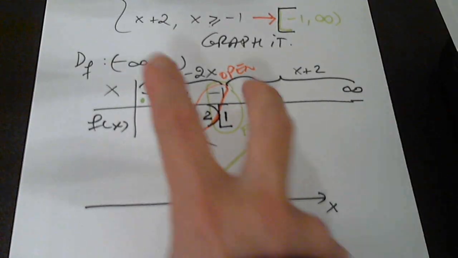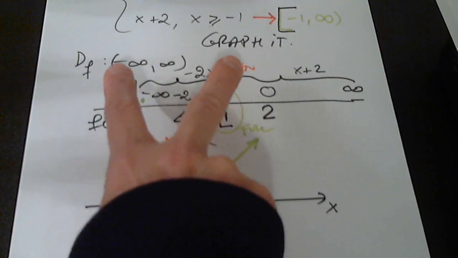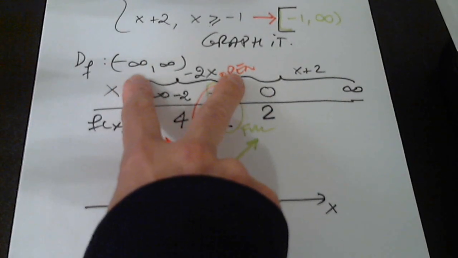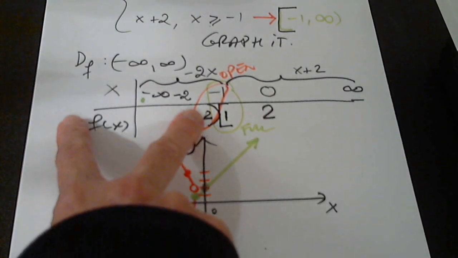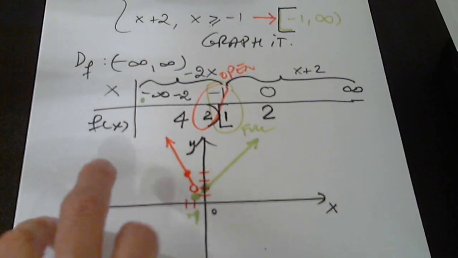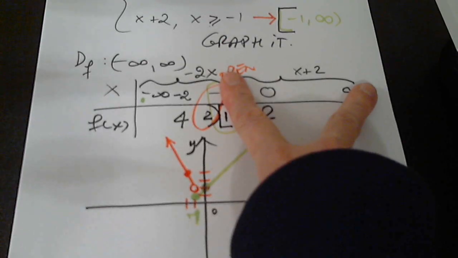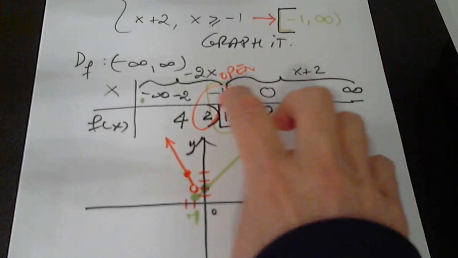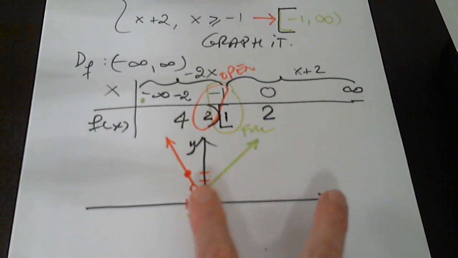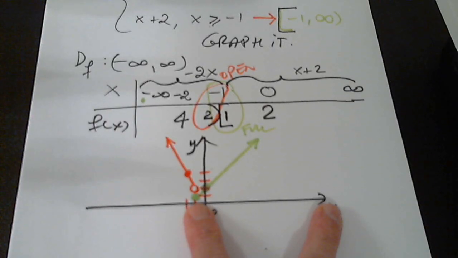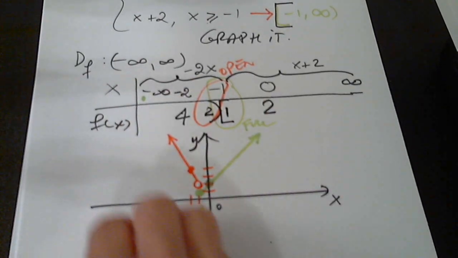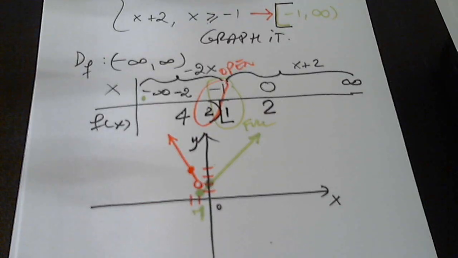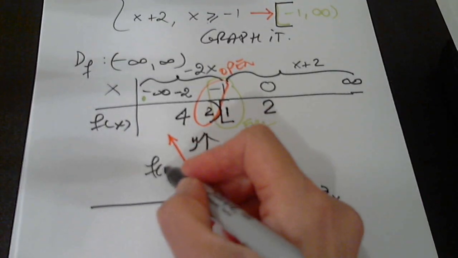So I'm certain now that this piece is graphed only between -infinity and -1, and this is graphed only between -1 and infinity. And this is the entire function f of x. This is the whole f of x.